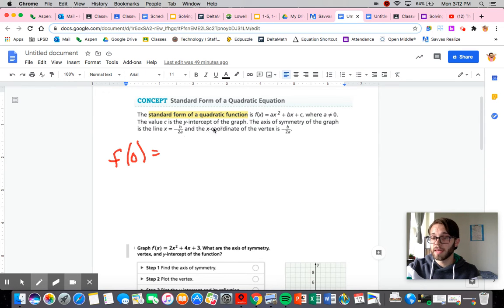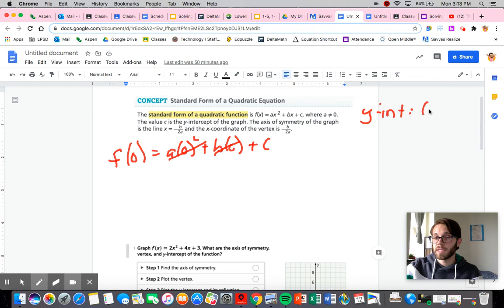The reason is that if I plug in f of 0, I get a times 0 squared plus b times 0 plus c, and that's gone, and we're just left with c. So my y-intercept is just going to be (0, c). That's where the parabola is going to intersect the y-axis.